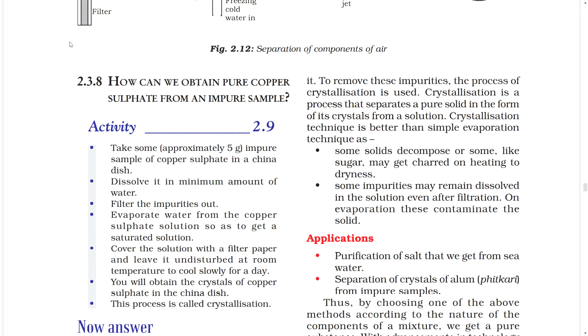Evaporate water from the copper sulfate solution so as to get a saturated solution. Cover the solution with a filter paper and leave it undisturbed at room temperature to cool slowly for a day. You will obtain the crystals of copper sulfate in the china dish. This process is called crystallization.